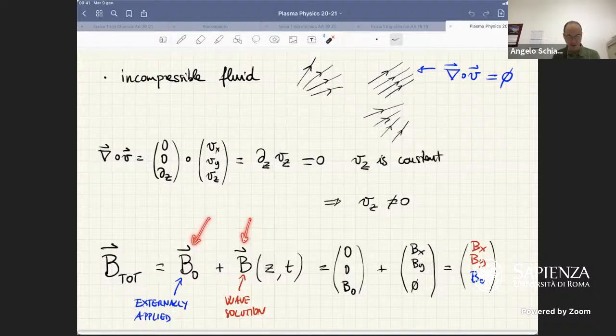So the total magnetic field is the sum of two important terms that we have considered both. And these two terms are divided in terms of space into categories. One is the external applied field that is constant and has only the Z component, whereas the wave solution, the B field of the wave, has only components in X and Y.